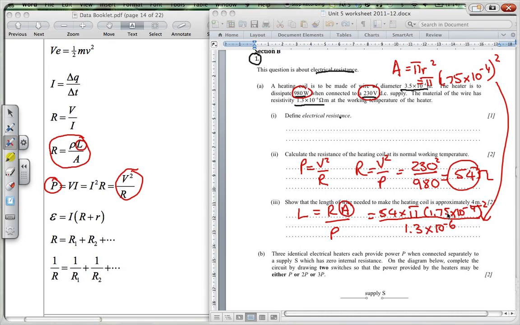So it's 54 times pi times 1.75 exponent minus 4 squared, divided by 1.3 exponent minus 6, and I get an answer of 3.996. So obviously that's equal to about 4 meters.